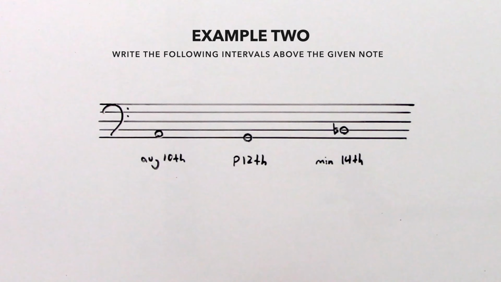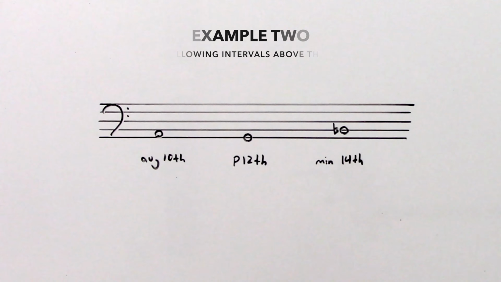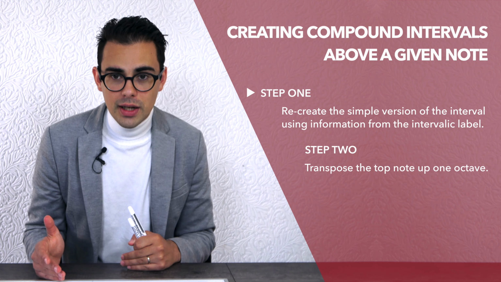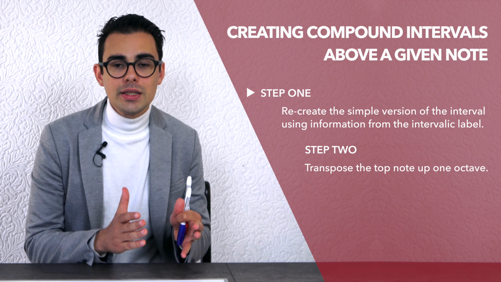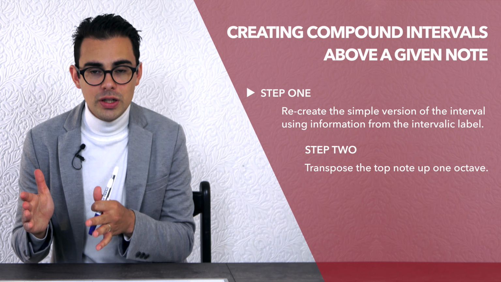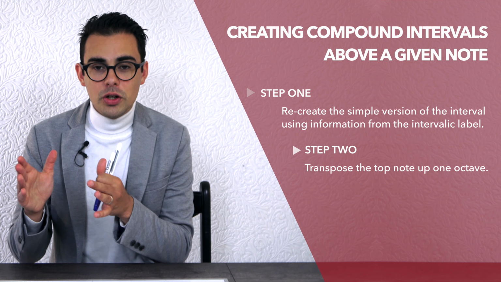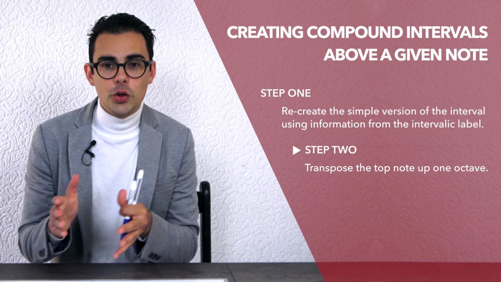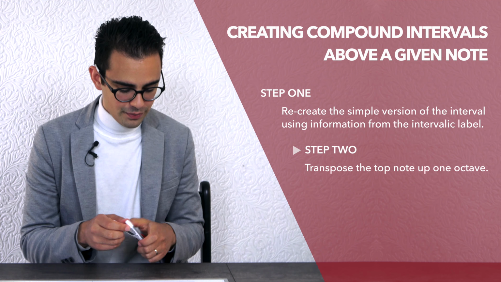We are going to write notes above all of these to create the intervals. Instead of counting all the way up, we are going to translate the intervallic label to its simple interval equivalent, and then use that information to create our compound interval.